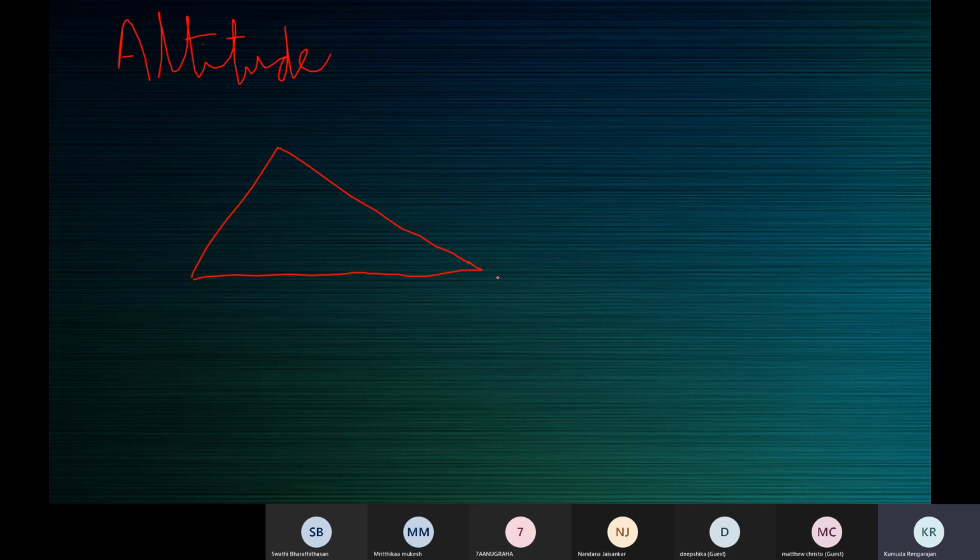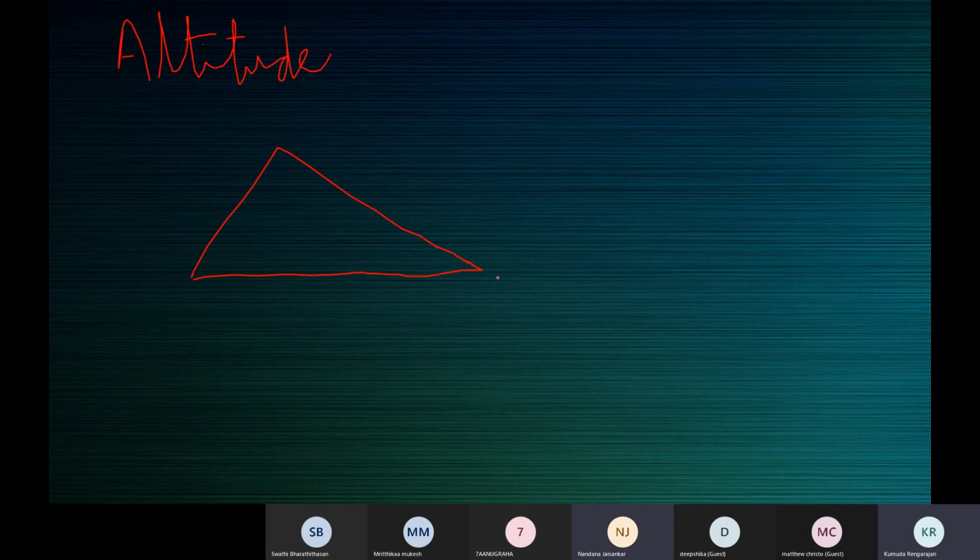Based on the sides, when none of the sides are equal, all three sides have different lengths, none of them are equal, then we call the triangle a scalene triangle.